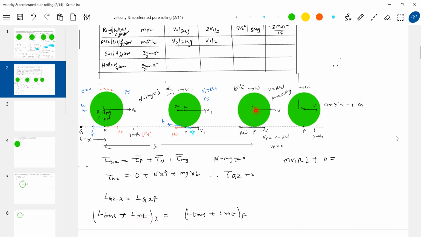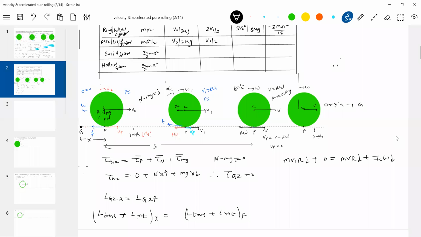Finally, what is this one? m v r. But sir, point G is here. Let it be, no problem. That r sin theta, what will it become? It will become only capital R. So it will become m v r plus angular momentum due to rotating motion about the center of mass.